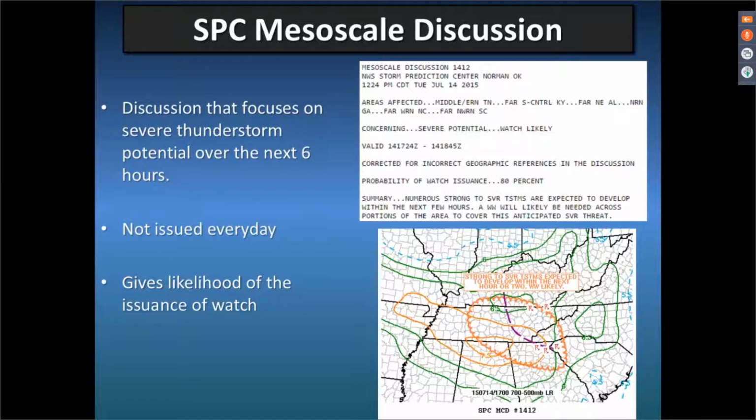They're only issued for areas that they're expecting either significant severe weather coverage, or there's already a watch in place and they're just doing an update on the severe thunderstorms going on in that watch area. So I encourage you to check these out if there's ever severe thunderstorms going on, because you can learn quite a bit reading these mesoscale discussions and those convective outlooks about severe weather.